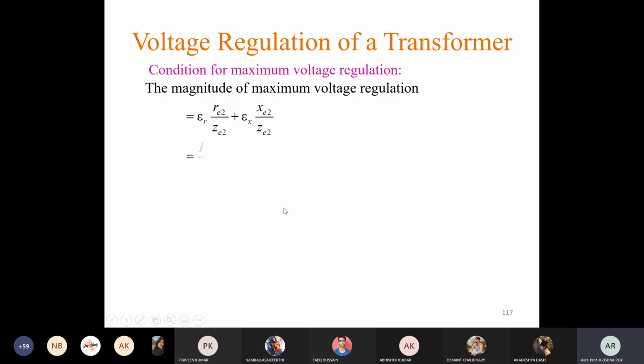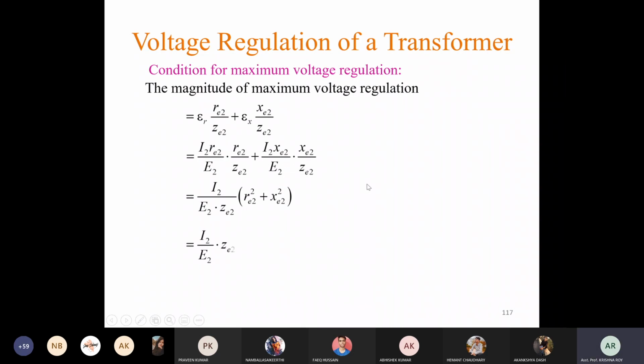We get epsilon r times Re2 by Ze2, this is the value of cos theta 2, and epsilon x times Xe2 by Ze2, this is the value of sin theta 2. Putting the values of epsilon r and epsilon x in terms of the rated current and the rated secondary voltage, we get Ze2 per unit.